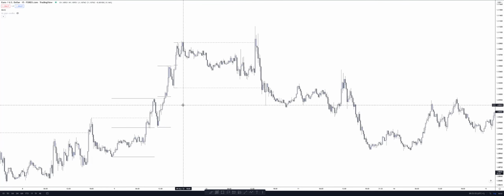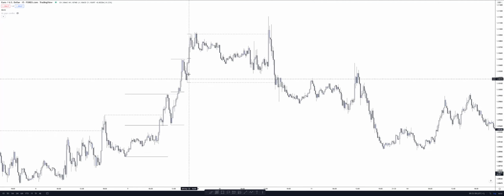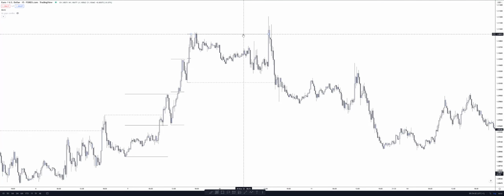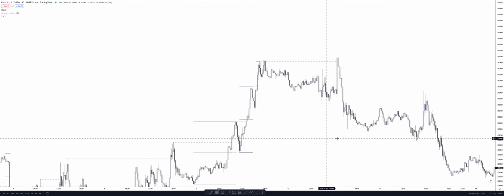And this is a bit of a change in the way we view structure, because whereas before we'd only play supply and demand zones within the current leg or range, between the current swing low and swing high, now we can still look for zones outside of those areas in these unmitigated discount or premium regions.